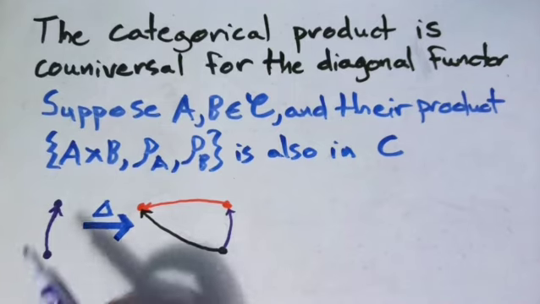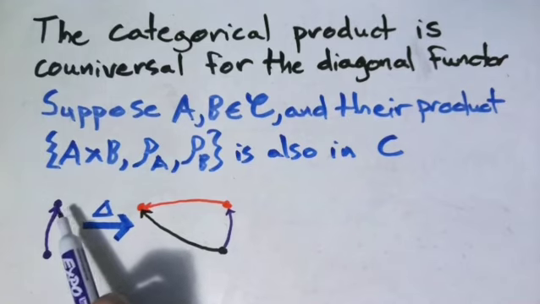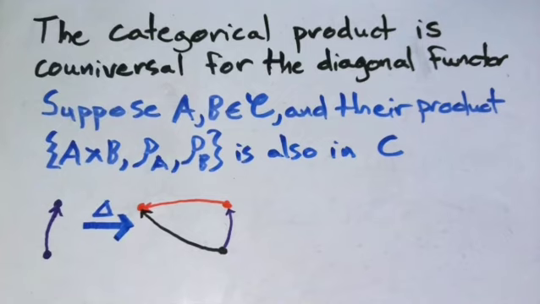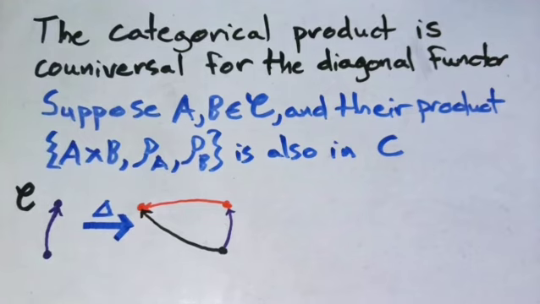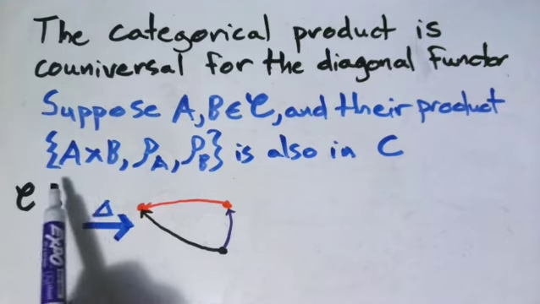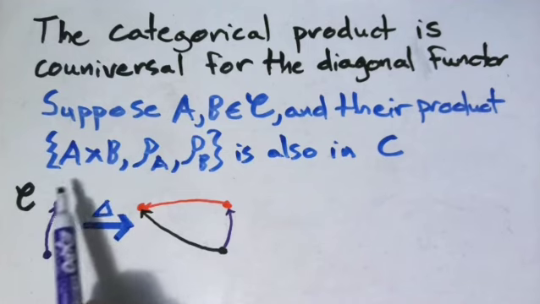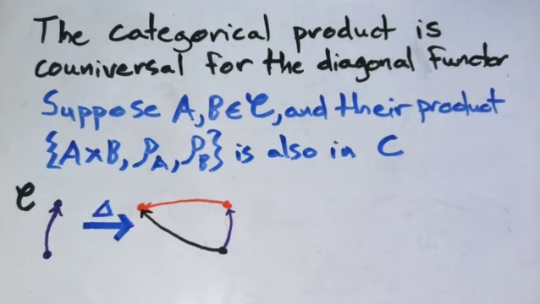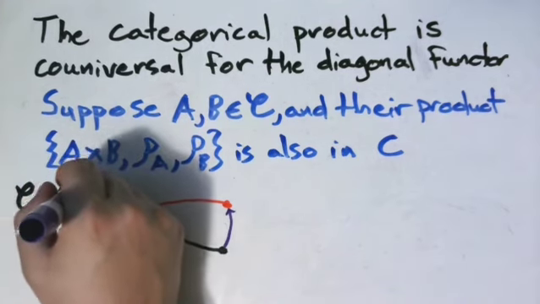Well, we know that the object part, the first half of the pair in the co-universal, is the object in our category C on the left here. And we know that the categorical product is found here. So obviously the object part of the co-universal is going to have to be the object part of the categorical product here. So we'll label this as A cross B.